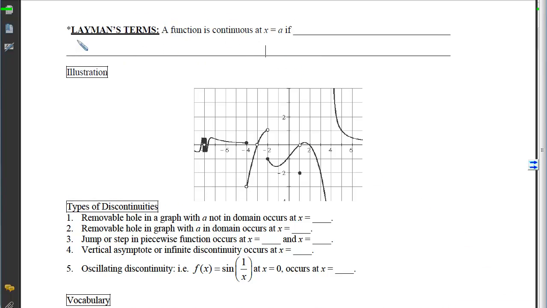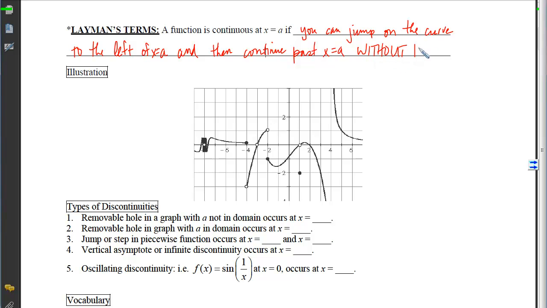So you will notice that we will often talk about continuity using layman's terms. That says a function is continuous at x equals a if you can jump on the curve to the left of a, we'll put x equals a, and then continue past x equals a without picking up your pencil.